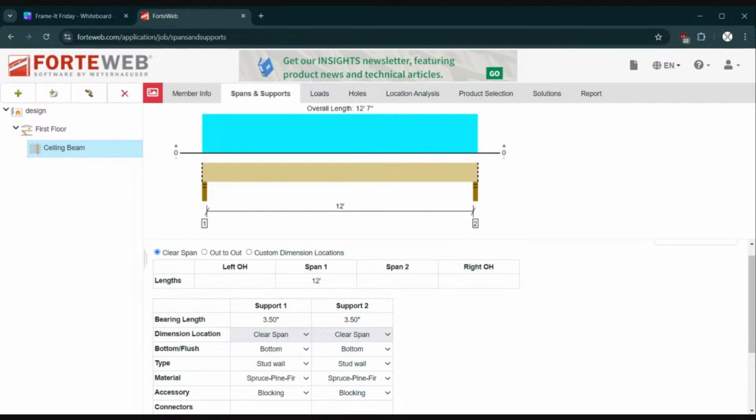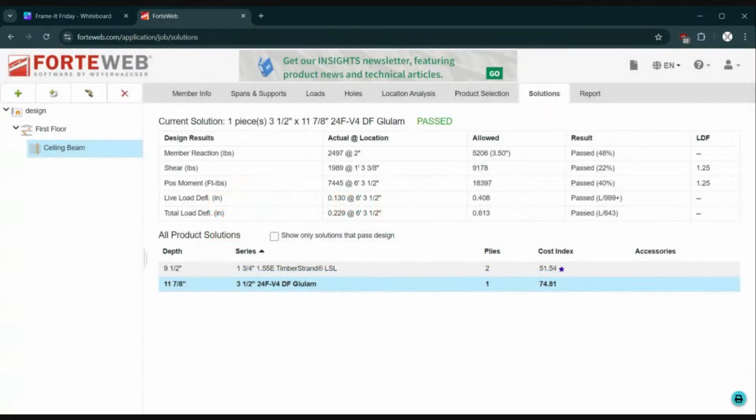The wall is going to be 3.5 inches wide, and our beam is 3.5 inches wide. So that has an area, and there's a strength pressure associated with that area, which gives us this number. We can put 5,206 pounds on spruce pine fir with a square of 3.5 by 3.5. That's what that means. And our calculated factored weight is this. So we are good by 48%.